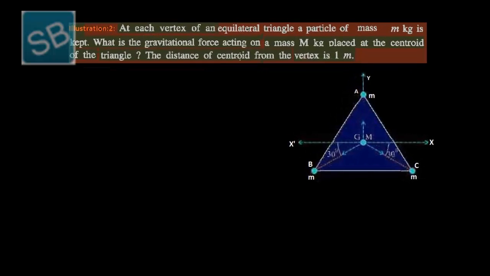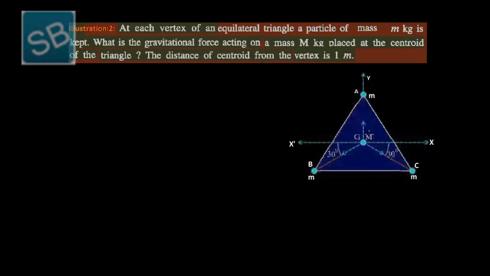Illustration number 2. At each vertex of an equilateral triangle, a particle of mass m kg is placed. Now see here, we have taken an equilateral triangle and at each vertex we have put a mass m particle. So we have to find the gravitational force acting on the mass M kg placed at the centroid of the triangle.